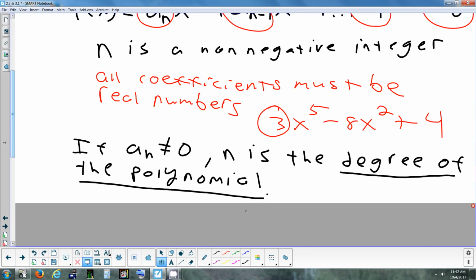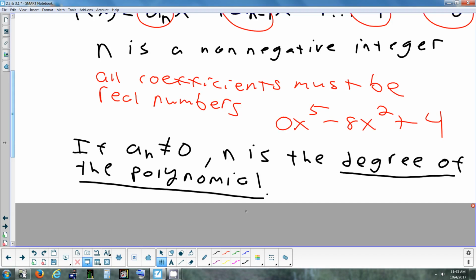If that's the case, then the exponent is called the degree. Okay, so this is a degree 5 polynomial. It's the highest exponent. But if I made that a 0, that's not a degree 5 polynomial anymore. What is it now?